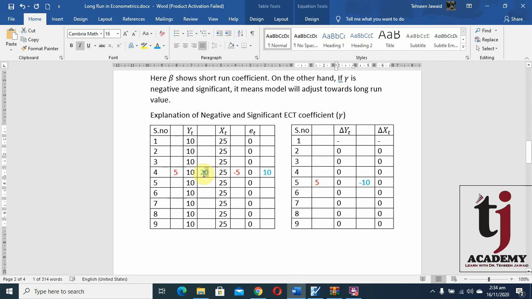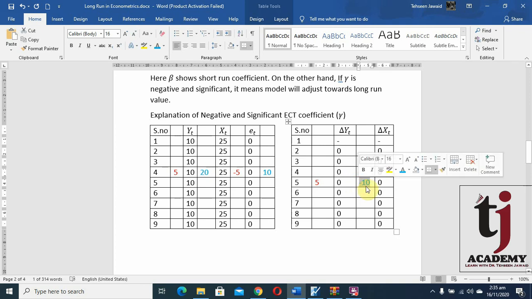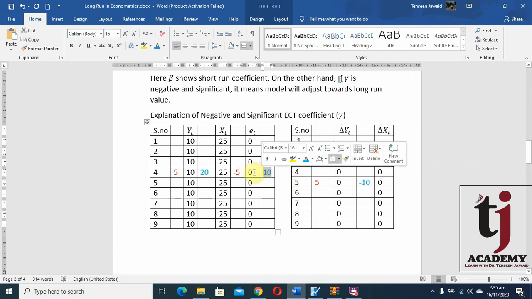Here for 20, after facing some shock, the value of y would be 20, so the error would be 10 and the difference between 10 and 20 would be minus 10. Now if we want to achieve equilibrium after this, we have to increase this value towards 0 and we have to decrease this value.